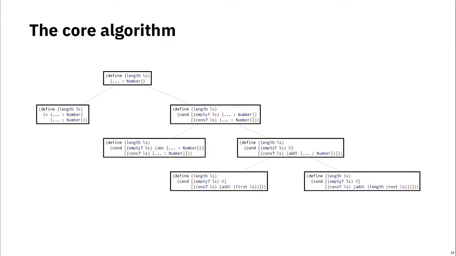The core algorithm of Myth and also Bingus is to build this thing called a refinement tree. What we do is we take steps to refine a program. For example, starting with this length function, we could make a step that guesses a plus and then makes 2 new number holes. We could take a step that splits on the input, the list, and produces 2 new number holes.